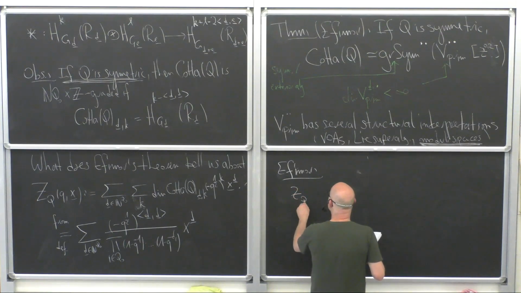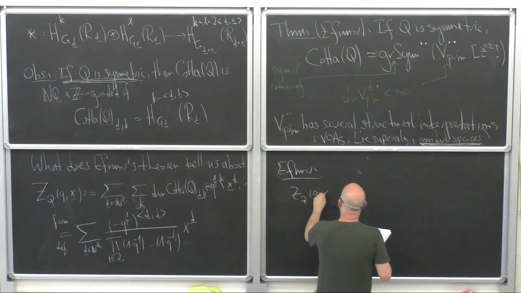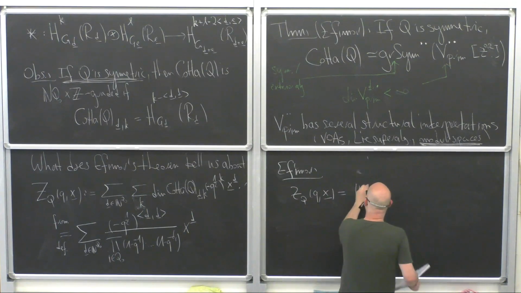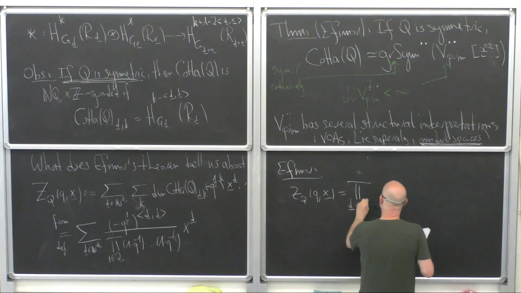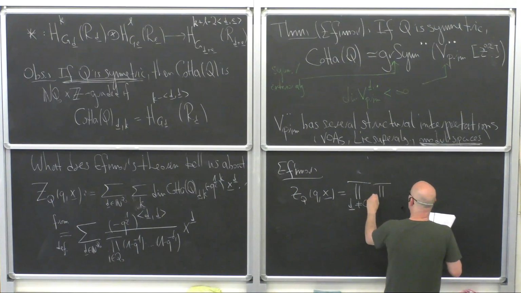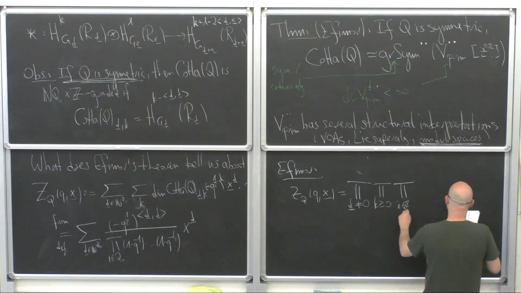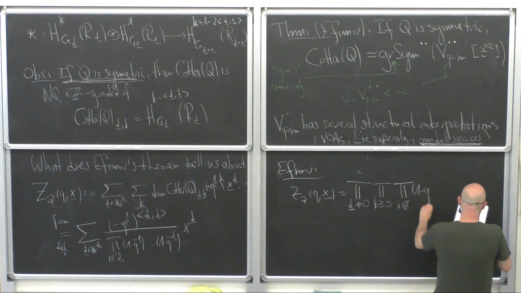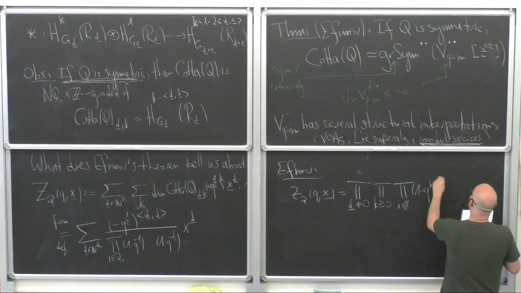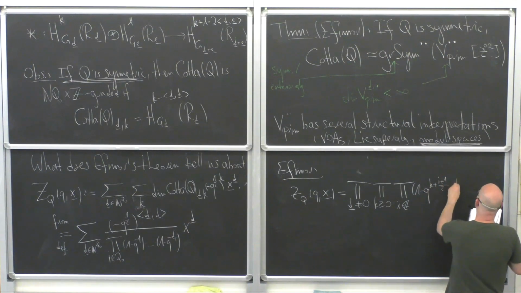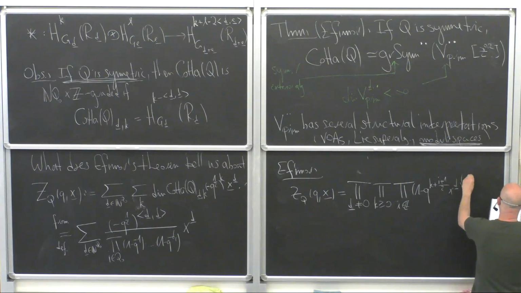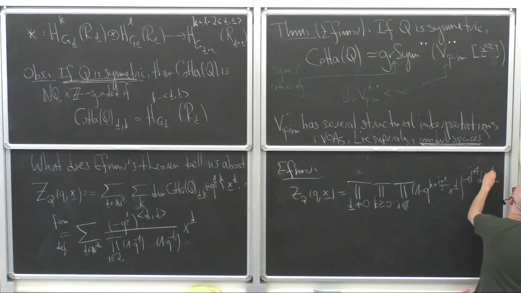Efimov tells us that the motivic generating function of the quiver has an infinite product factorization: a product over all D, a product over all non-negative K, a product over all integer I, of 1 minus Q to the K plus I plus 1/2 x to the D, to the power minus 1 to the I plus 1, and then the dimension of the primitive part, dim V prim D,I.